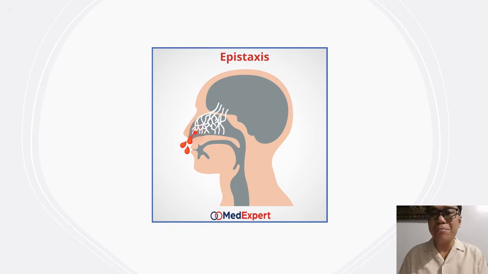So it is caused by trauma. Second, it can be caused by hypertension. So if you have a very high blood pressure, it is also common for patients with rheumatic heart disease and even those who have problems in their nose like cancers.